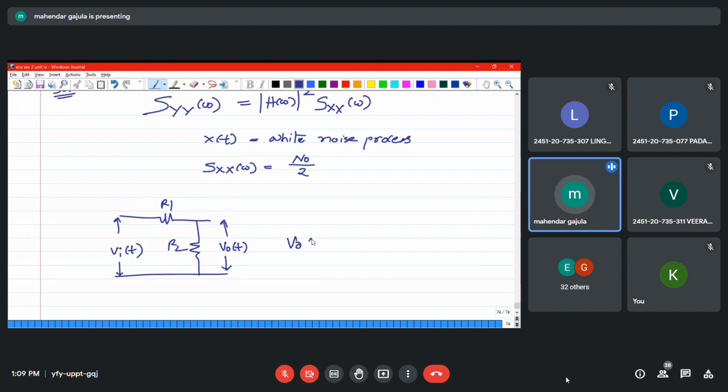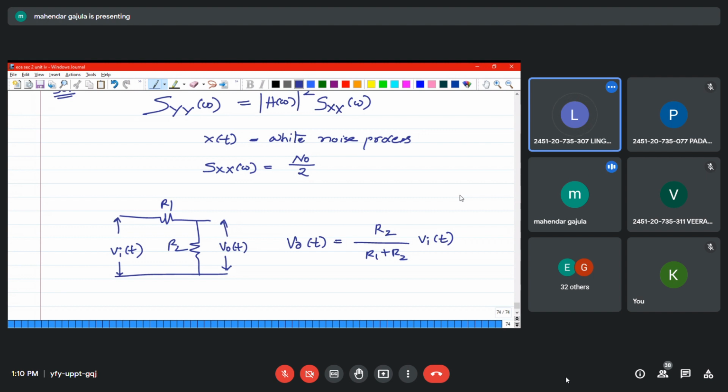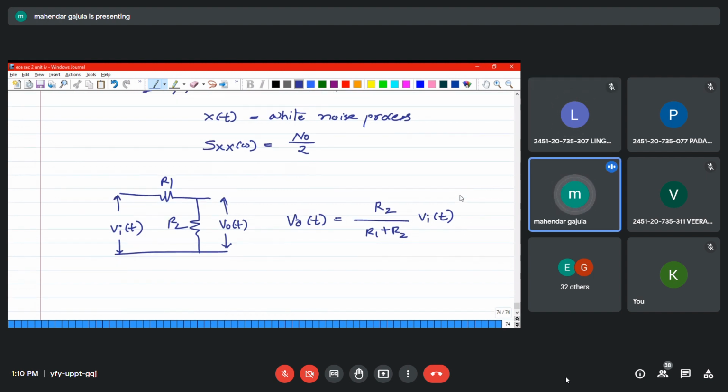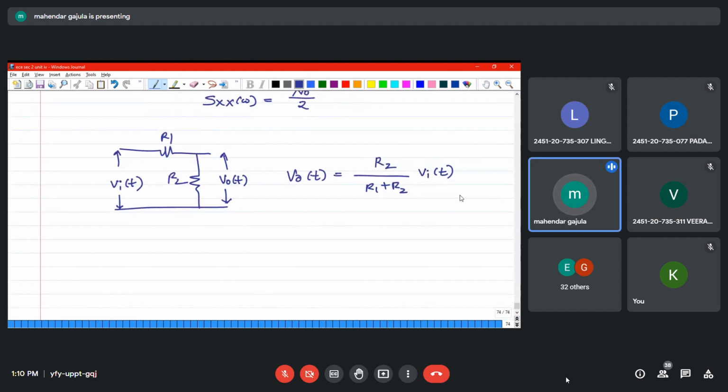Can someone tell me what is V_0(t)? By the voltage division rule, it is R2 by R1 plus R2 times V_i(t). Am I right? Yes, sir. But this is in the time domain. Only R1, R2 are there, but in the given example a capacitor is there.